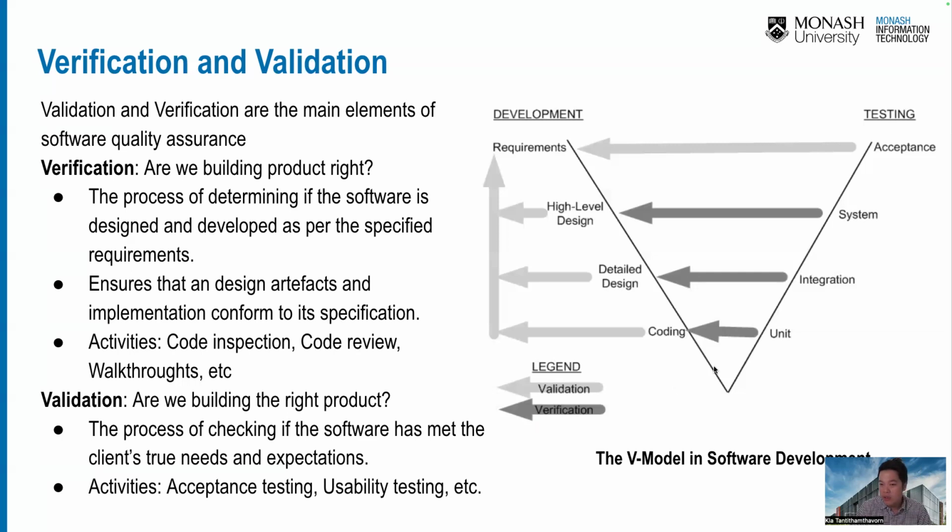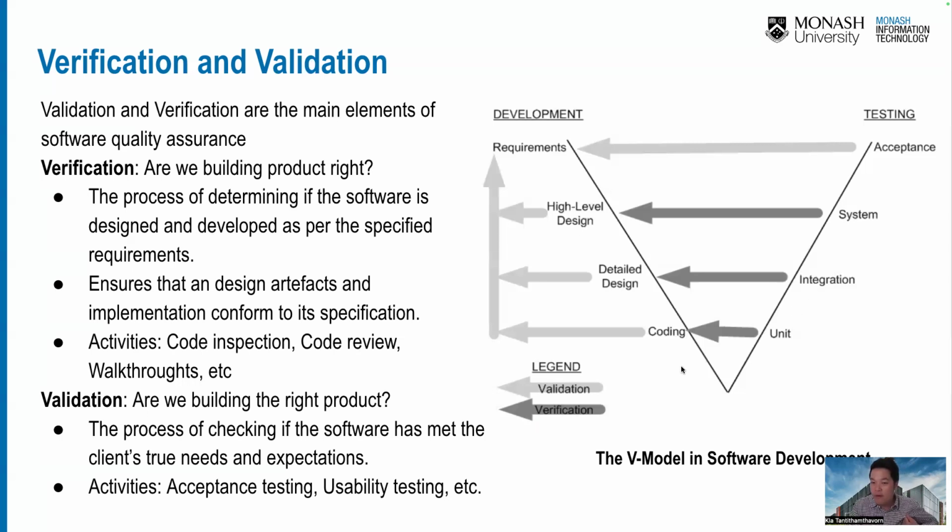When we talk about verification, are we building the product right? Let's say the calculator app: are we building the addition correctly or not? 1 + 1 = 2. That's why when you do the coding, you need to write unit tests to make sure that 1 + 1 equals 2, 2 + 2 equals 4, that kind of thing.